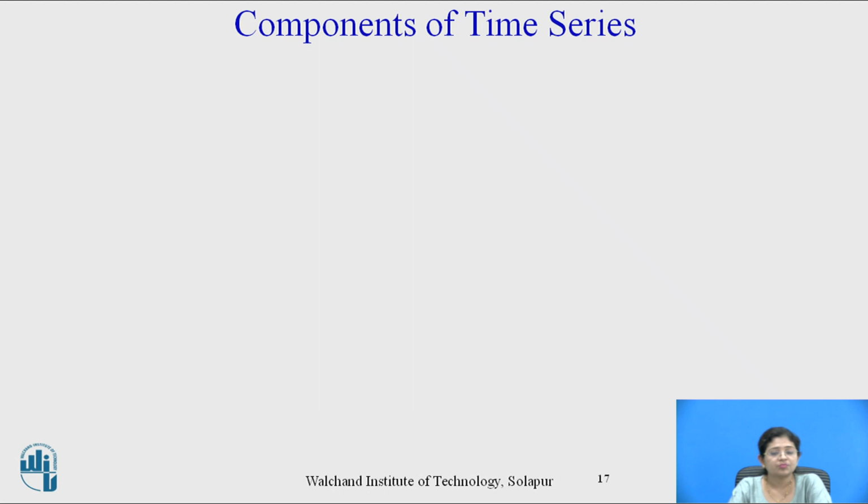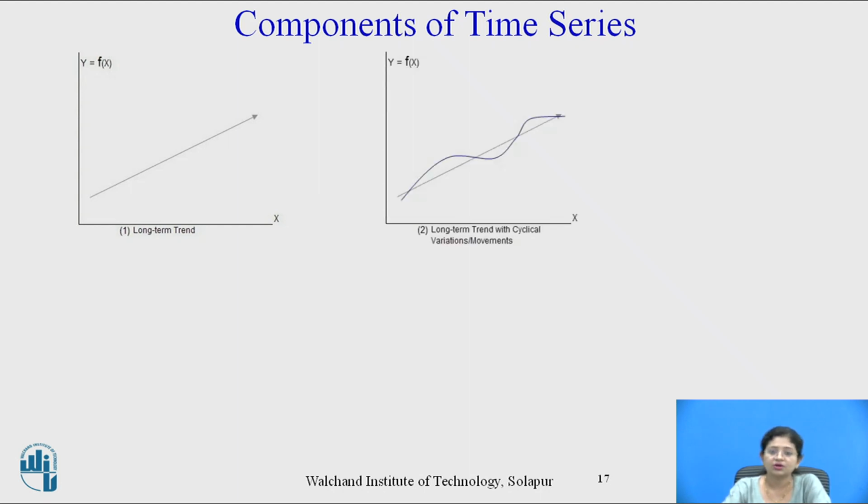Now look at here the components of time series in figure. So this first figure shows the long term trend. Okay. So here the x value is increasing and the y value is also increasing. Now look at the other figure. Here it shows the long term and the cyclical fluctuations, or the movements or the variations.